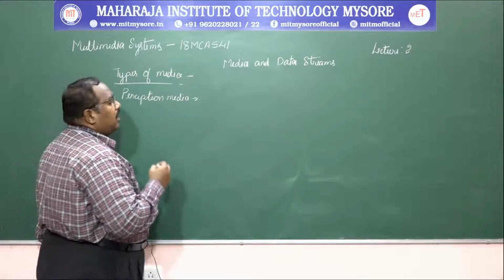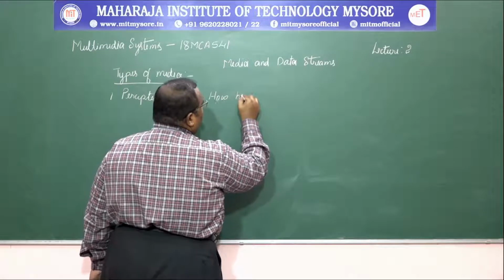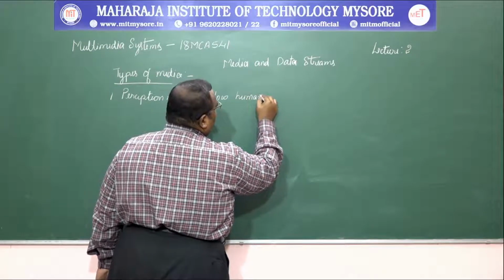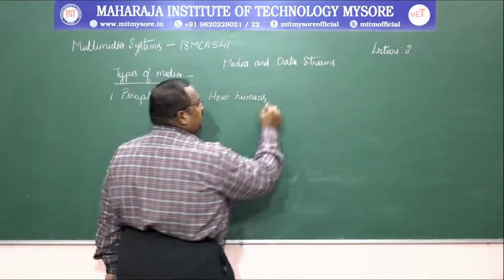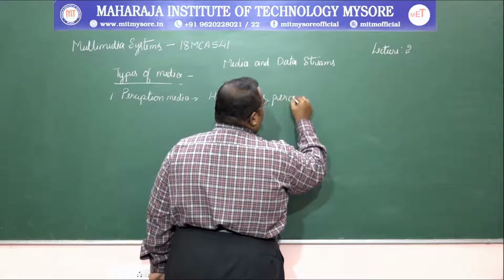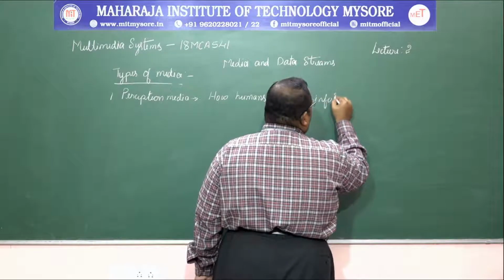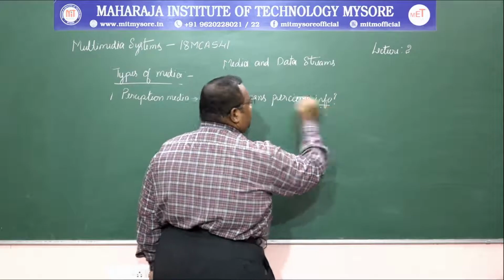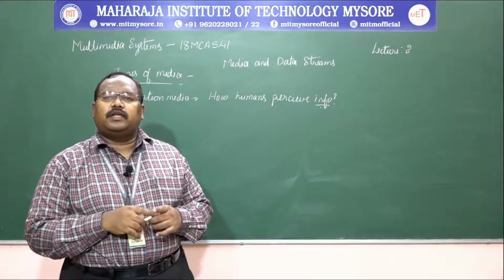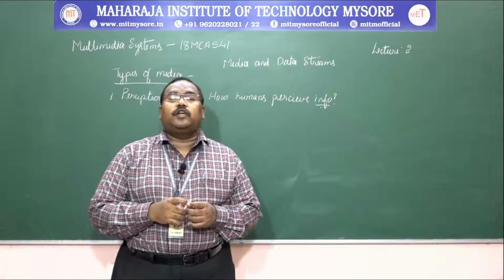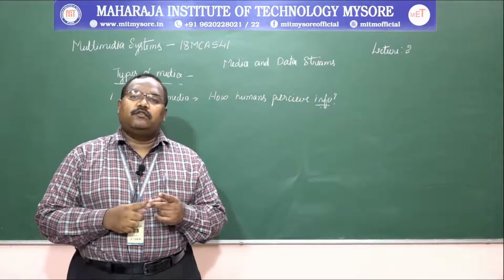Here we deal with how humans perceive information, that is, how humans receive or take in the information. Information is received by humans in two ways: one is auditory media and the second one is visual media.